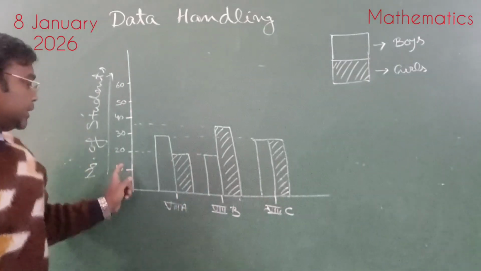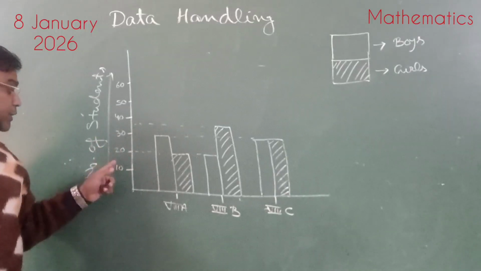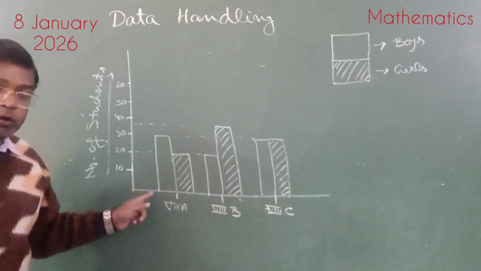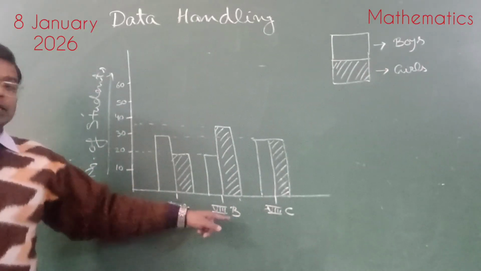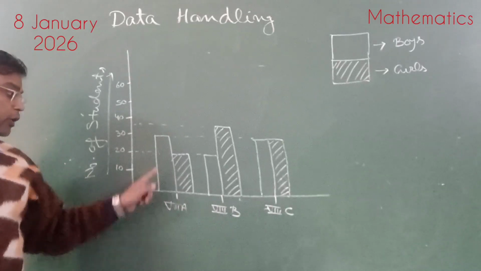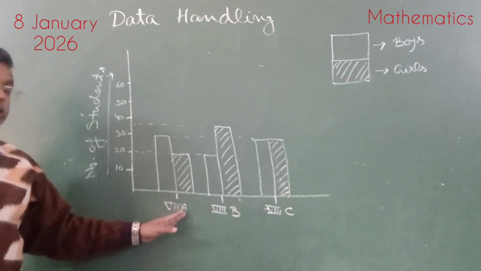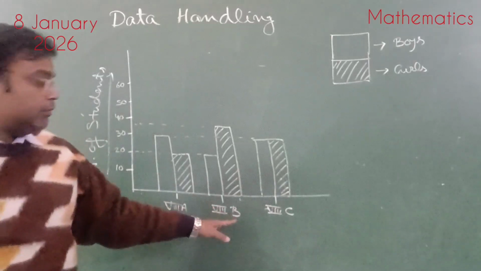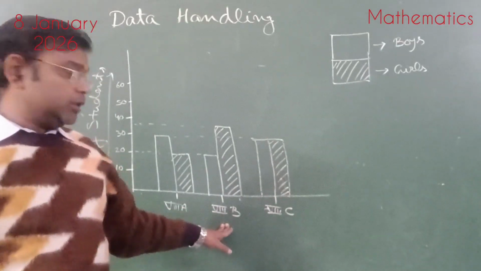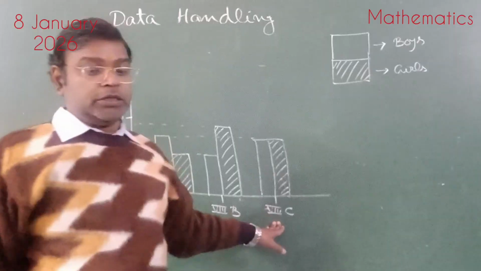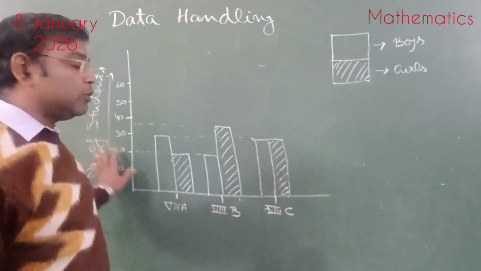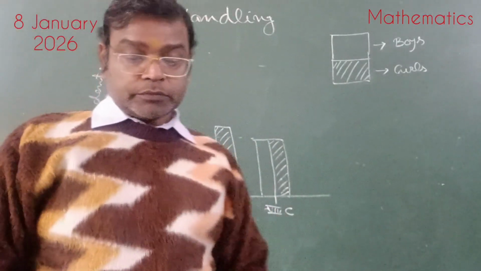For example, here we are comparing the strength of boys and girls for each section. From this graph, we can easily judge how many girls and boys are there in 8A, 8B and 8C. This is the concept of the bar graph.